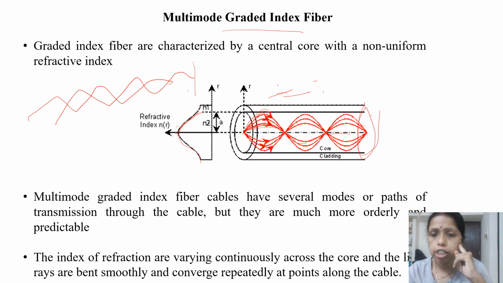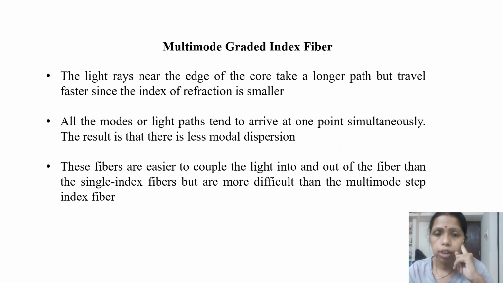That's why they reach the other end at the same time. So that means it will give less loss inside the fiber. This is mentioned as less loss and difficult to launch. It is easy to launch light because the diameter is large, but difficult to integrate and fabricate.